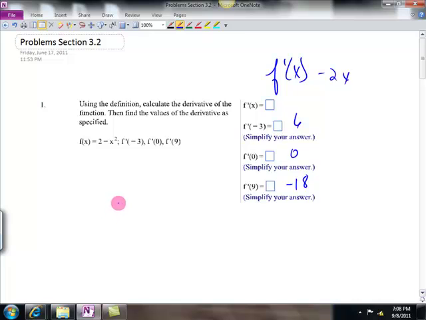But if we're doing it by the definition, which some of us, that's all we know to do right now, we have to do that still, the limit as h approaches 0. And what do we got? 2 minus x plus h minus, what's f of x?